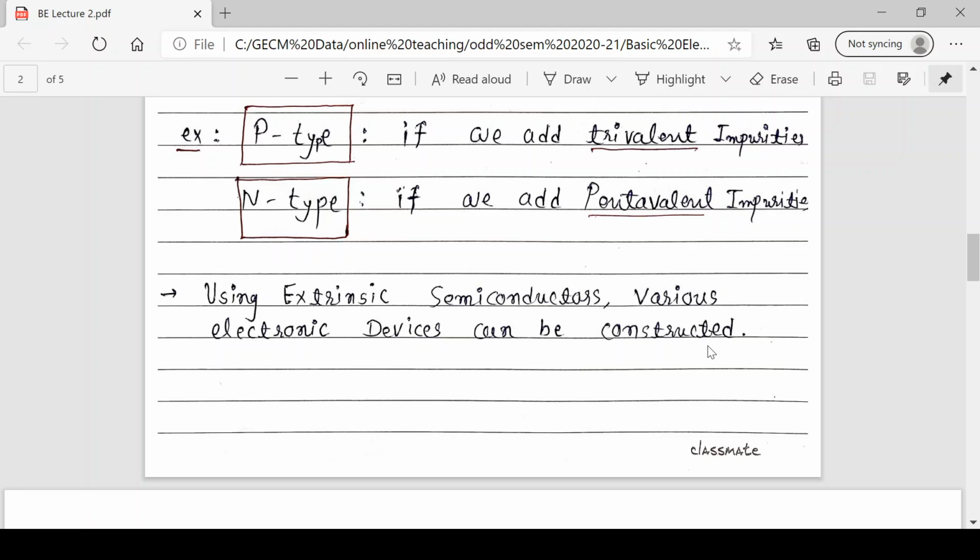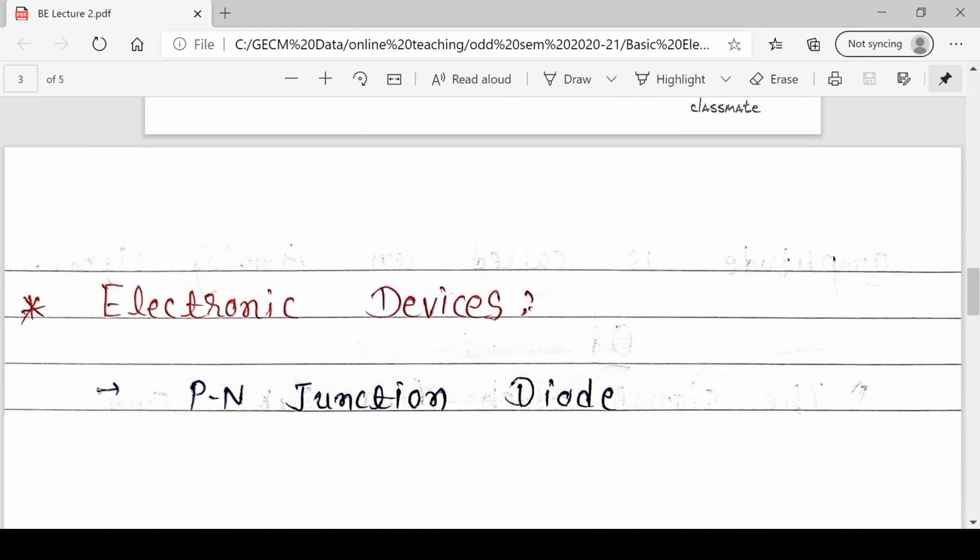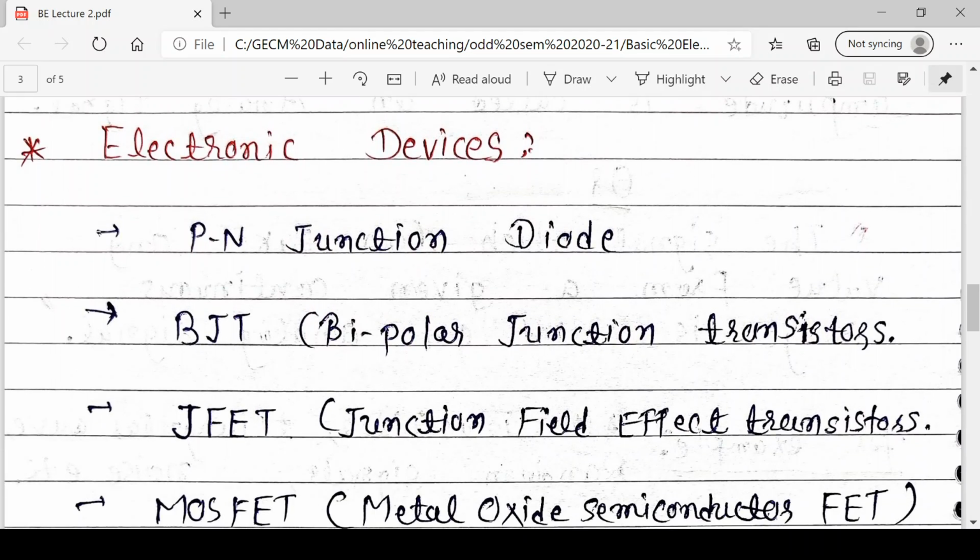The famous one is the diode, as you know. So let's see which are the electronic devices. Using extrinsic semiconductors, you can generate the PN junction diode, which will be the first chapter of the basic electronics syllabus. Because there are two terminals, it is called a diode.